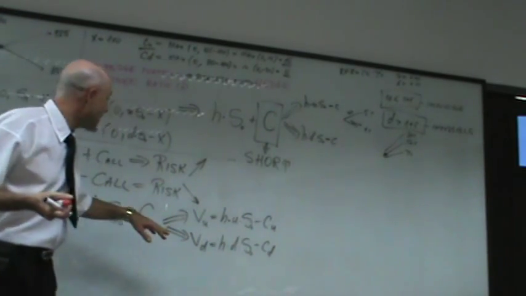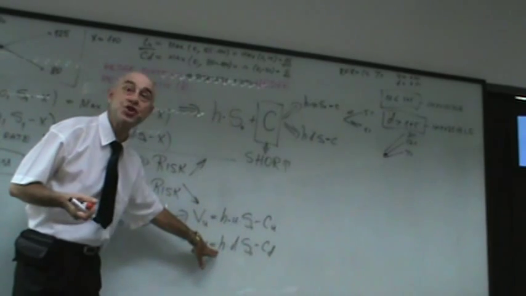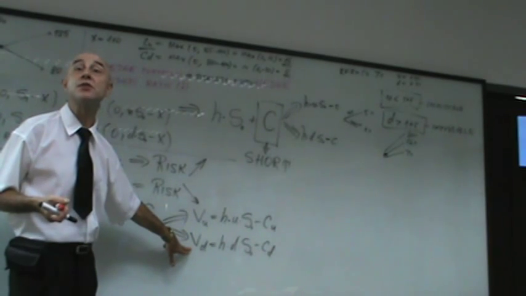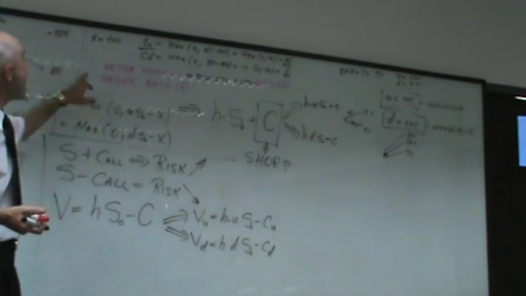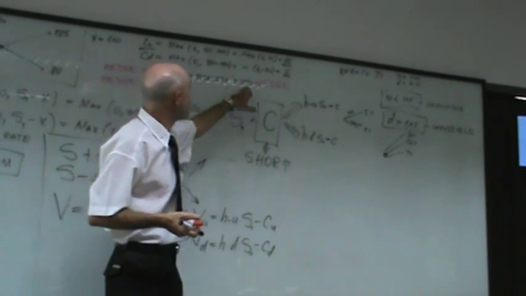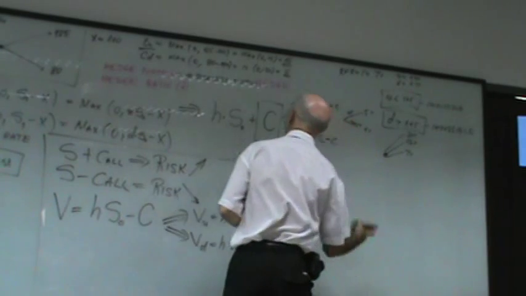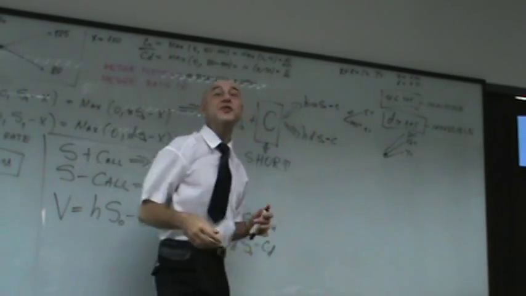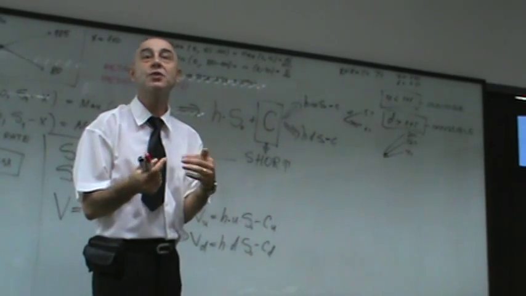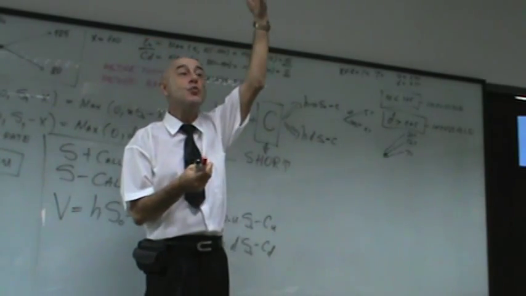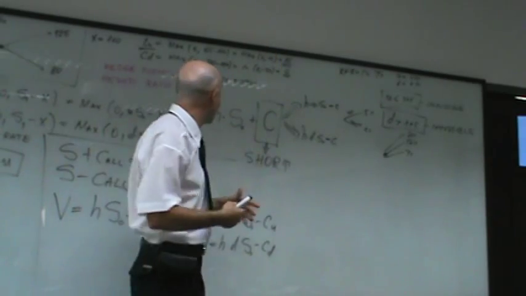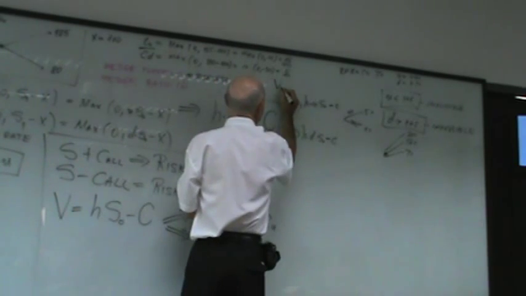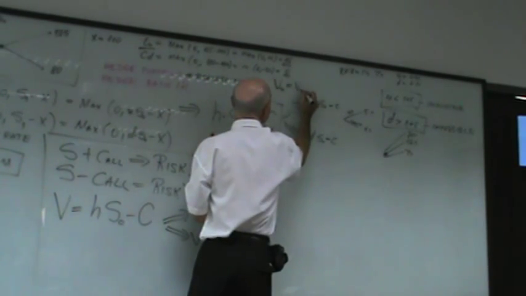And the trick is the following. We choose H so that when it goes up, the value is the same as when it goes down. A hedge portfolio is a riskless portfolio, and the definition of a riskless portfolio is that the portfolio has the same value whether the stock goes up or the stock goes down. So the value on the upside equals the value on the downside.